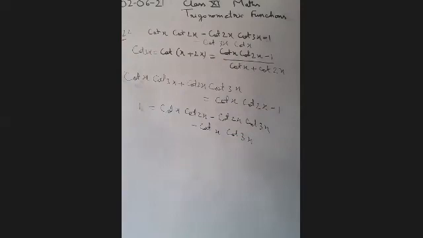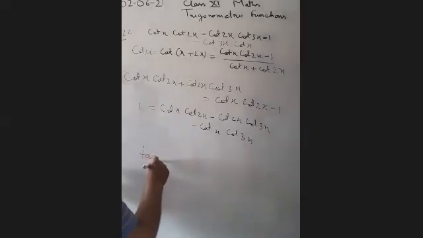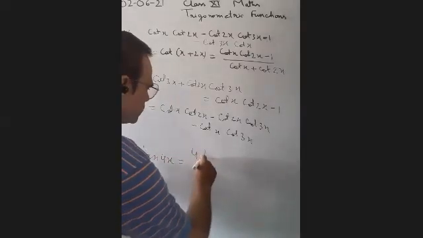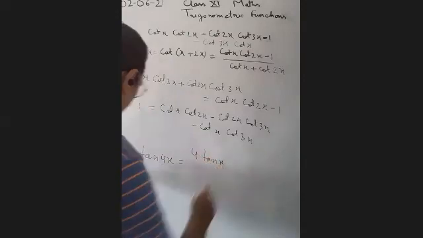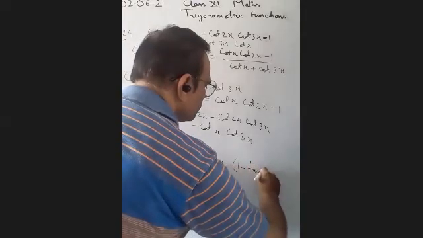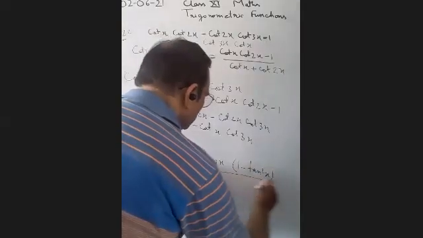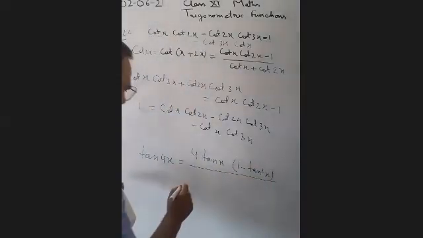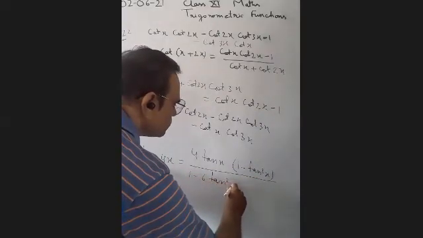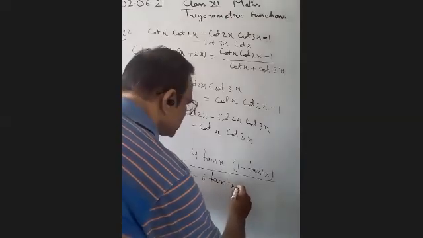The 23rd is also a lengthy question. Start from here. 23rd: tan 4x equal to 4 tan x times 1 minus tan square x, divided by 1 minus 6 tan square x plus tan 4x.